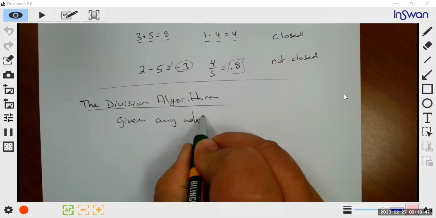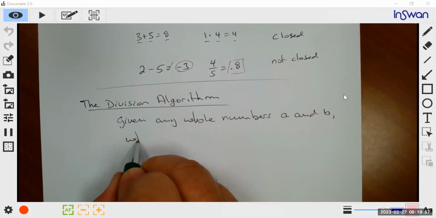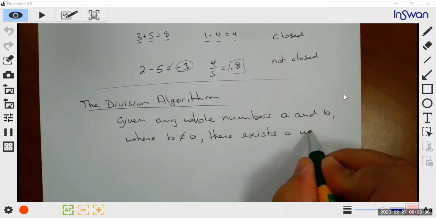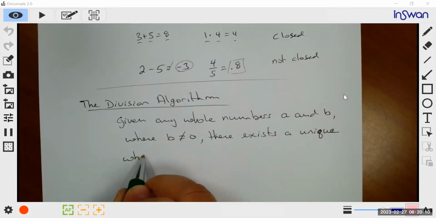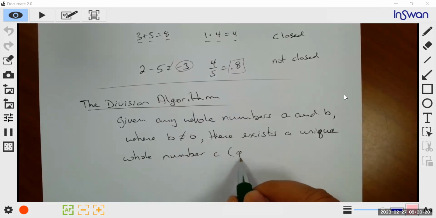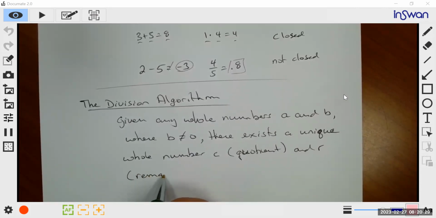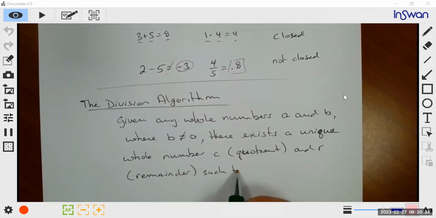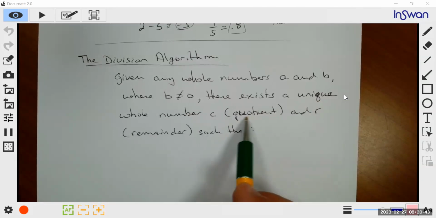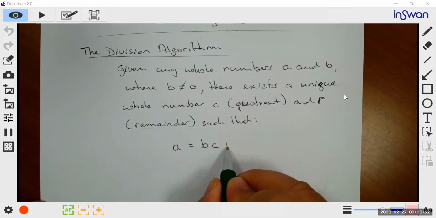Given any whole numbers A and B, where B does not equal 0, there exists a unique whole number, say C, called the quotient, and R, called the remainder, such that A equals B times C plus R.